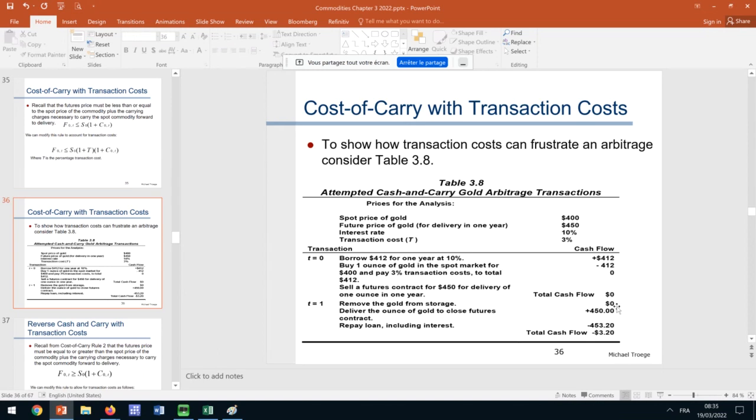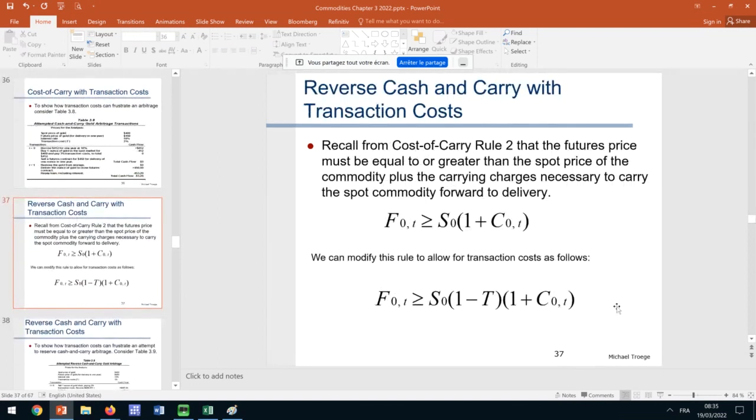In this case, the entire operation becomes unprofitable, and that's the formula that comes with this. Only if the spot price is sufficiently small compared to the futures price, multiplied with the cost of carry and the transaction costs, will this operation be profitable.